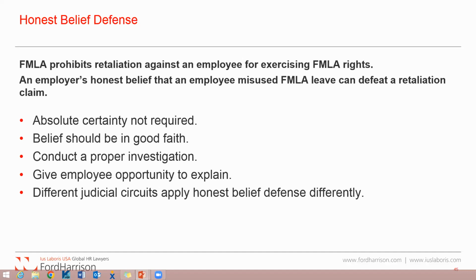You don't want to go into an investigation of an honest belief defense or a misuse of FMLA leave by an employee with preconceived notions, because what ends up happening is employers usually are found unlawful when they're going into these situations looking to confirm their preconceived notions instead of actually getting all the facts and determining if an employee misused their FMLA leave.